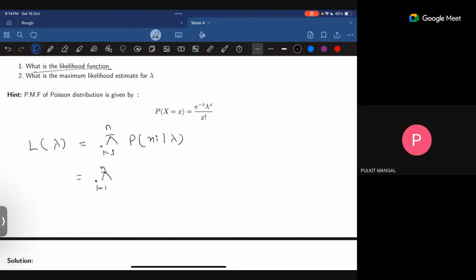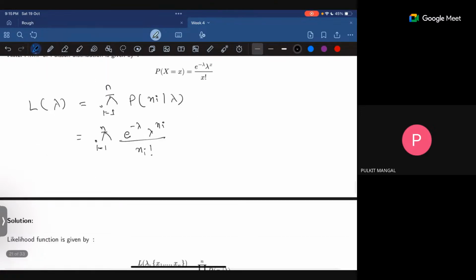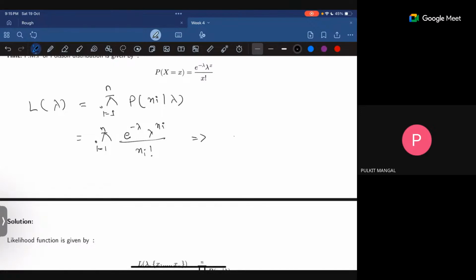That would simply be e power minus lambda, lambda power xi by xi factorial. For simplicity, I can write it as e power minus n lambda and lambda power summation from i equal to 1 to n of xi, divided by the product of xi factorial. So this would be the likelihood function.